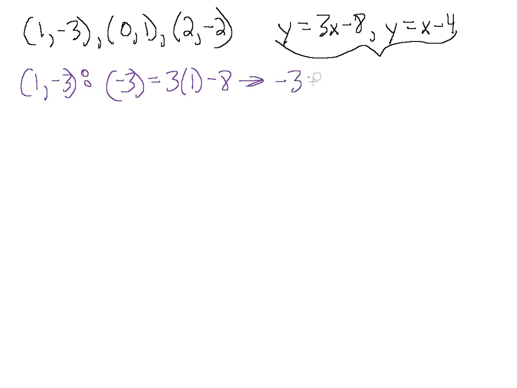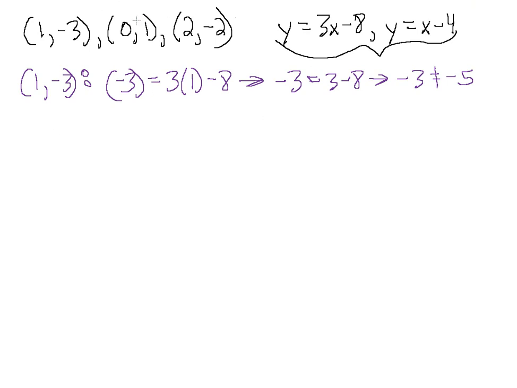So we have -3 equals 3 minus 8, which gives us -3 equals -5. Now this is not a valid statement, which means the point (1, -3) not only doesn't lie on this line, but it doesn't satisfy the system of equations. So we don't even need to try it in the second equation because it has to satisfy both of them to be a solution to the system.